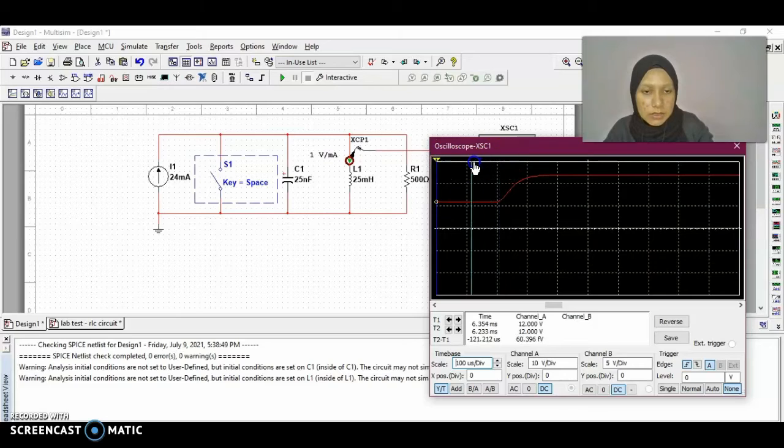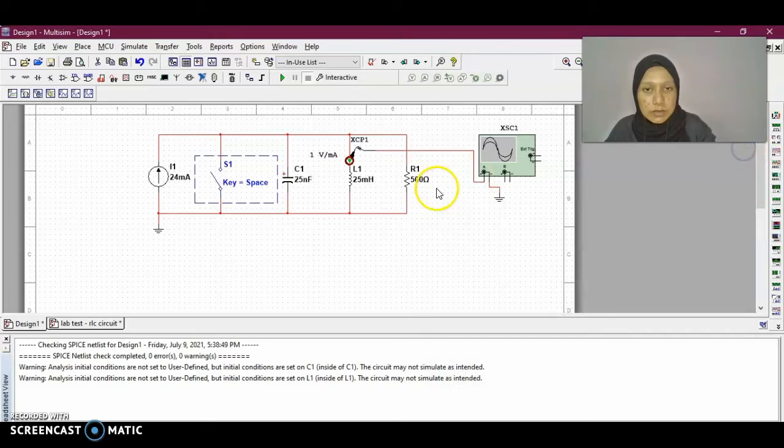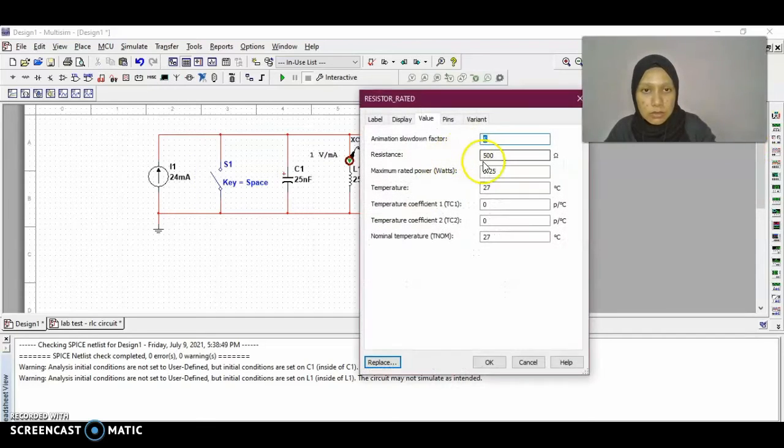Now we can see that initially the current is equal to 12 milliamps, and then when the switch is open, it will gradually increase to its steady state of current, which is equal to 24 milliamps. However, unlike the previous circuit, when we use the value of resistor equal to 500, it never overshoots the value of steady state current.